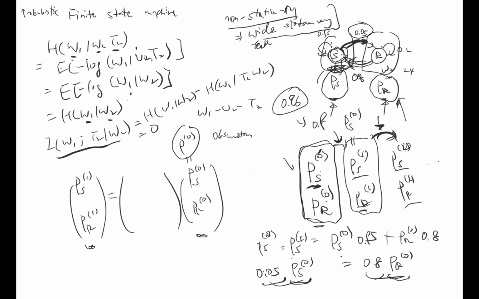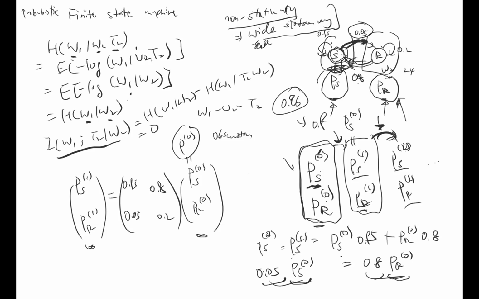So I have PS1 is equal to PS0 times 0.95, and PS0 is like 0.8, right? And this is like 0.05 and 0.2, something like that. Right? So if I want to have something stationary, I want to have this day, what is that?